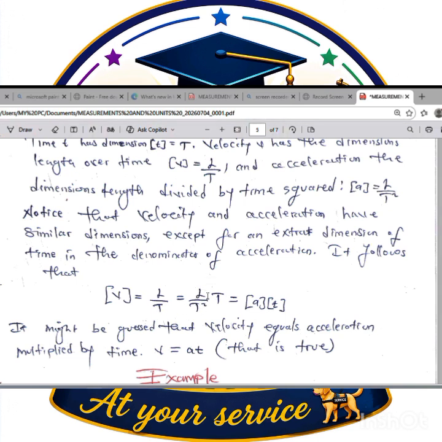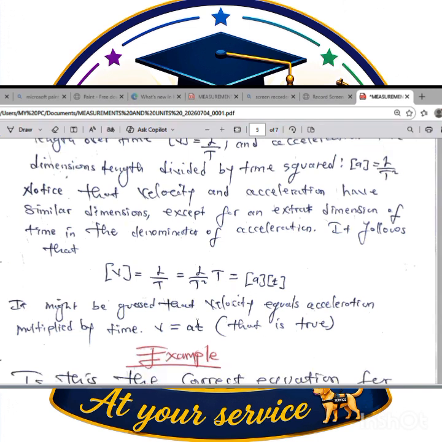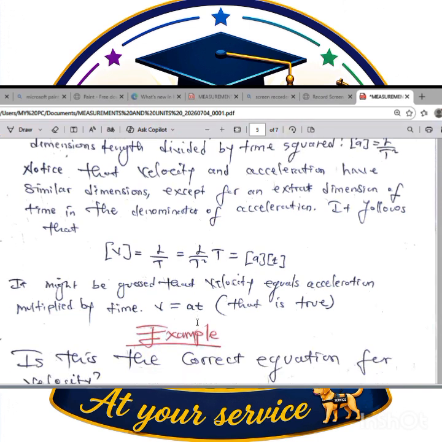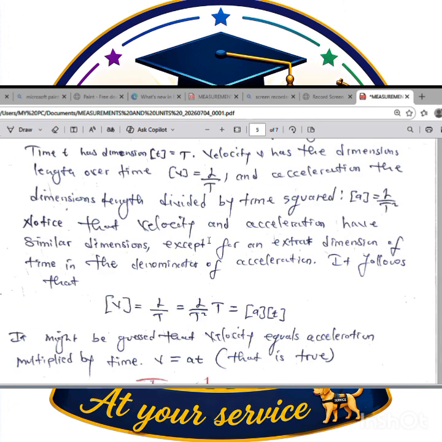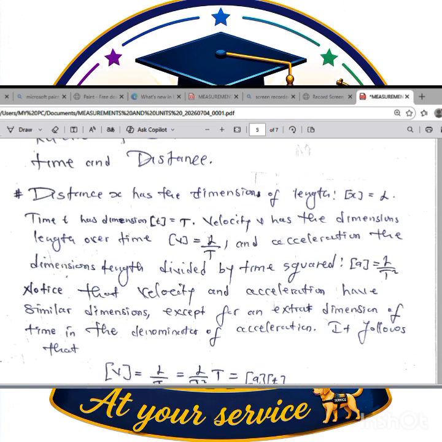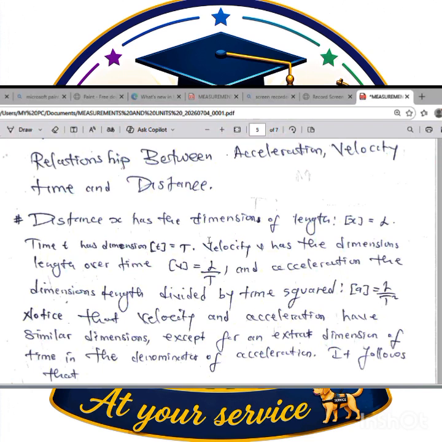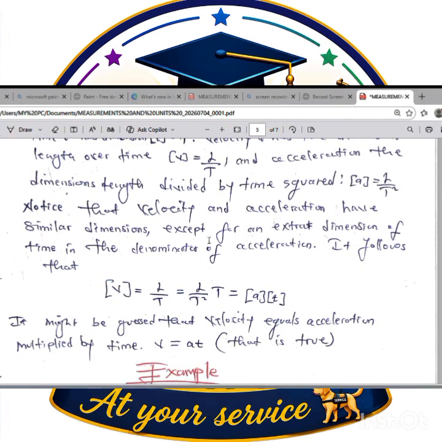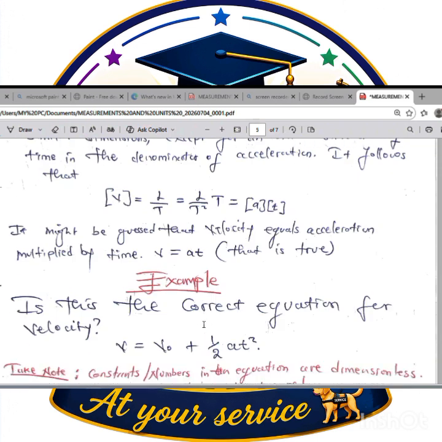Acceleration. Then t is representing what? Time. So it might be guessed that velocity equals acceleration multiplied by what? Time. And this is true. So this is the relationship between acceleration, velocity, time, and what? Distance. So this is it.